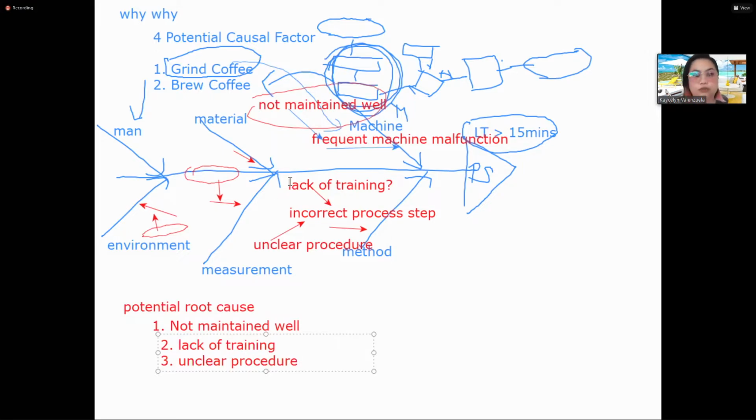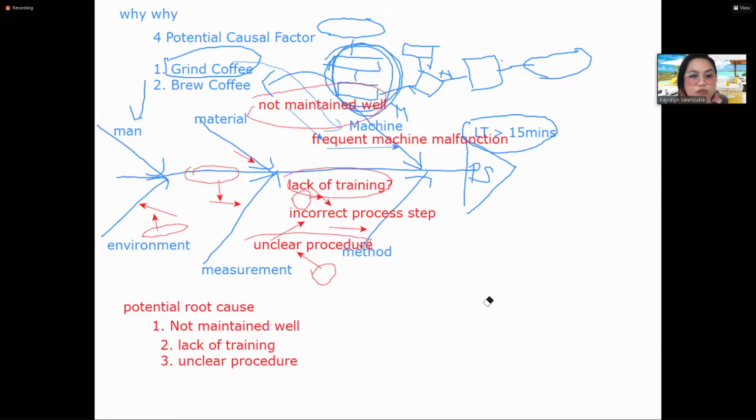Yung lack of training, pwede mo pa bang i-dig deeper to identify the root cause? Yung unclear procedure ba, pwede ko pa bang i-drill down yan? Kasi pwedeng may deeper reason pa kung bakit ganyan. Pwede kasing meron pang isang reason. Hindi pa pala ito yung dulo.